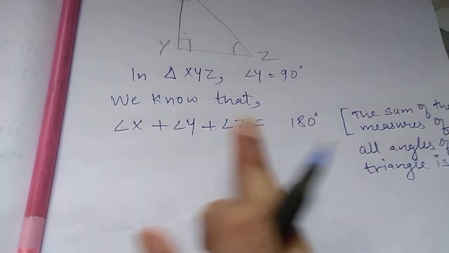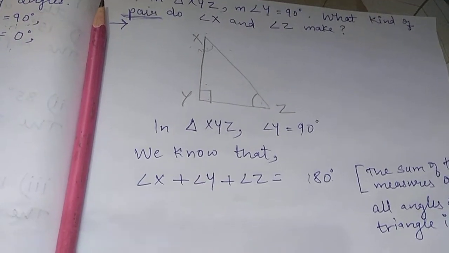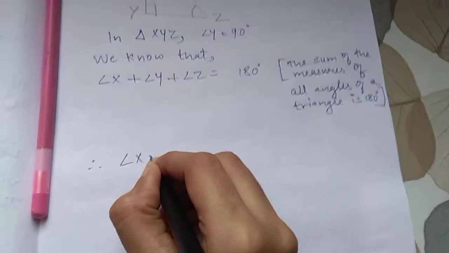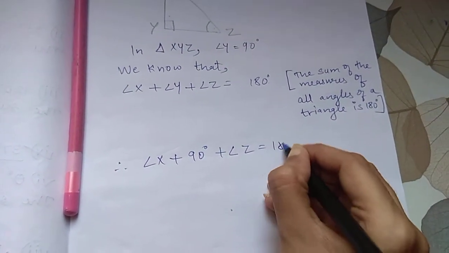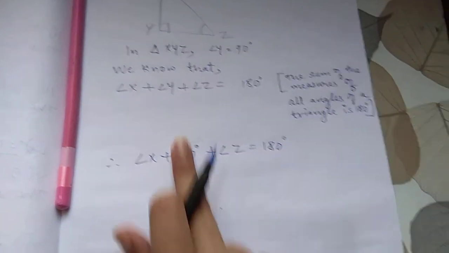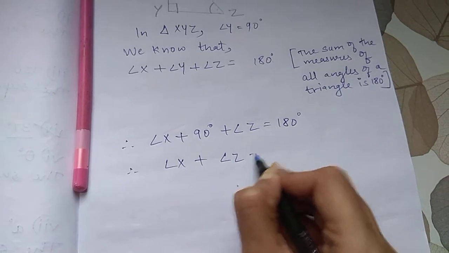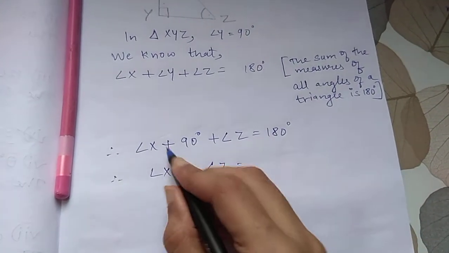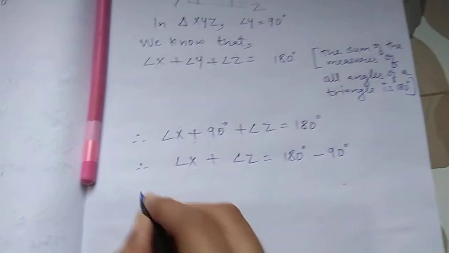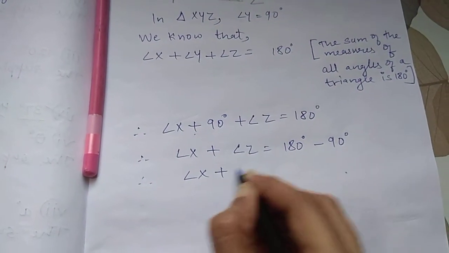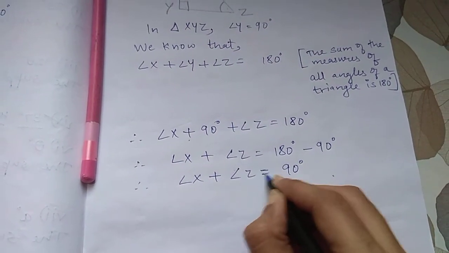Now in these 3 we have the value of only Y, so let us substitute this. Now let us take 90 to the other side. 90 is plus, so it will become minus. 180 minus 90 is 90 degrees.